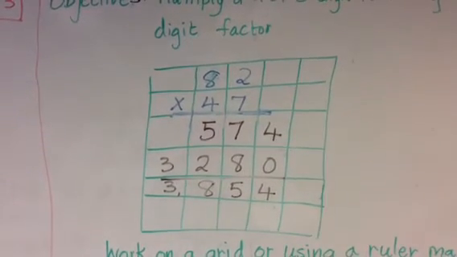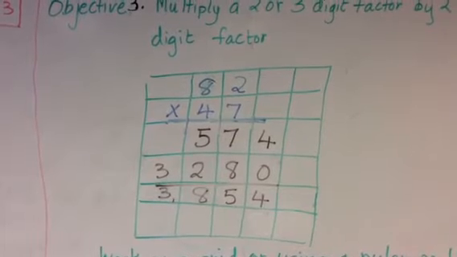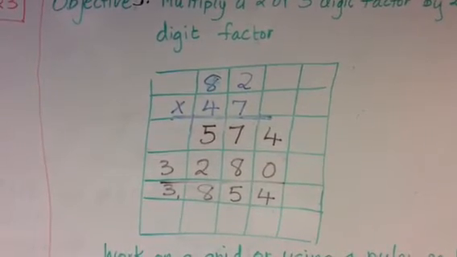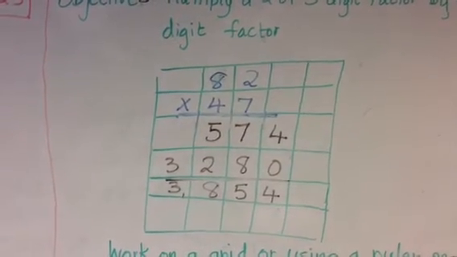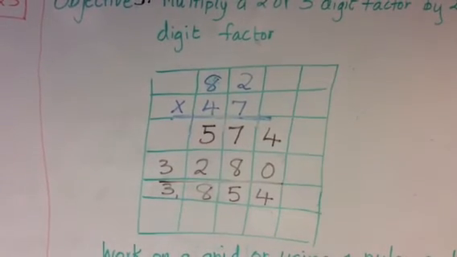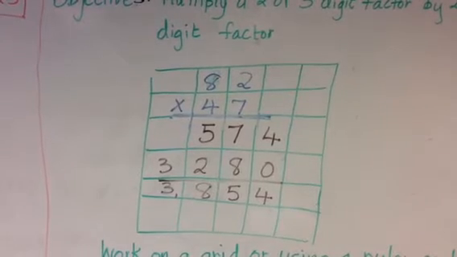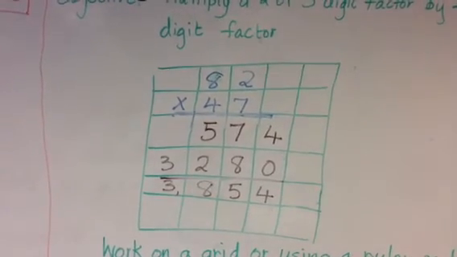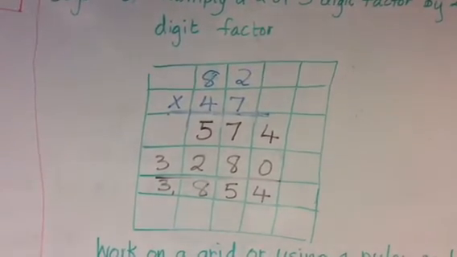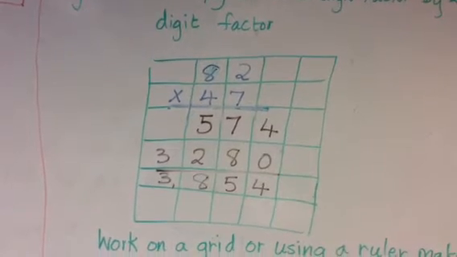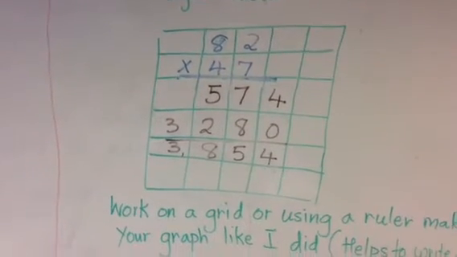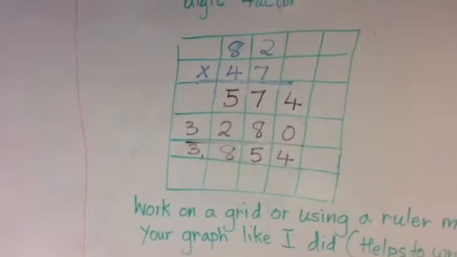Why do we need to do that? It will help to place our numbers in the right places so we don't crowd up and get a wrong answer. 7 times 2 is 14. You put the 4, carry the 1 on top of the 8. 7 times 8 is 56, plus 1, 57. That's your first row of numbers.